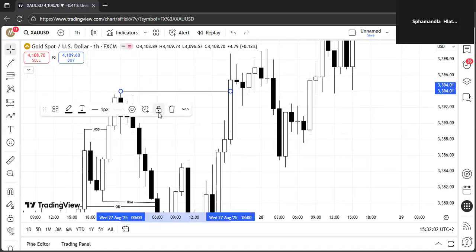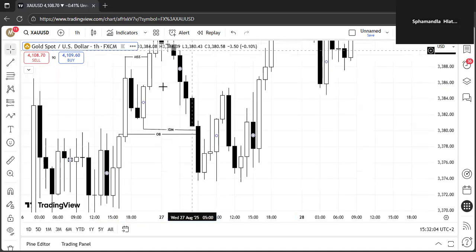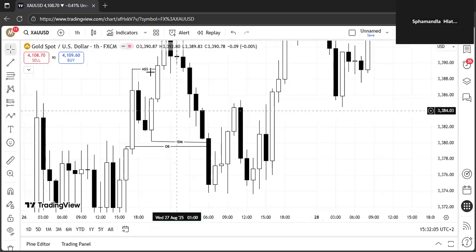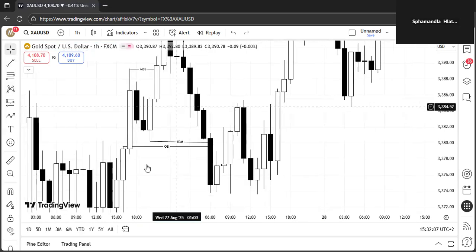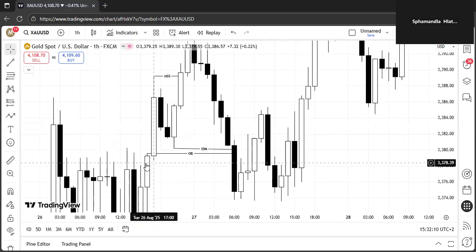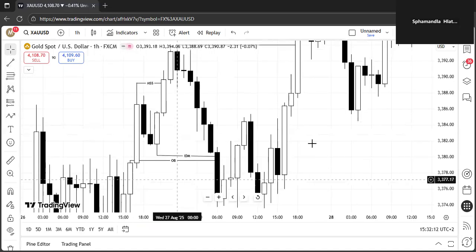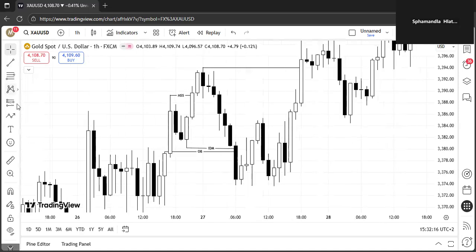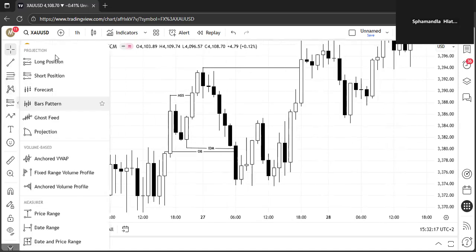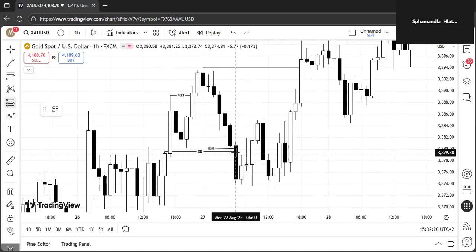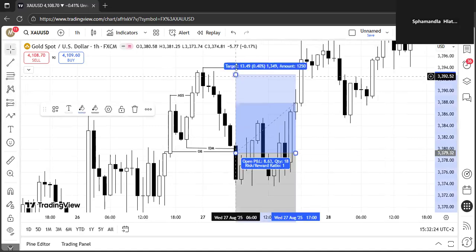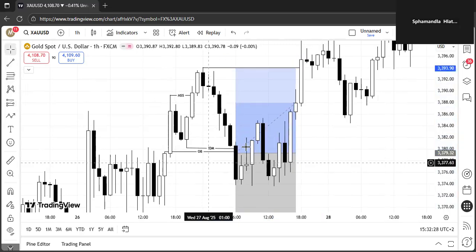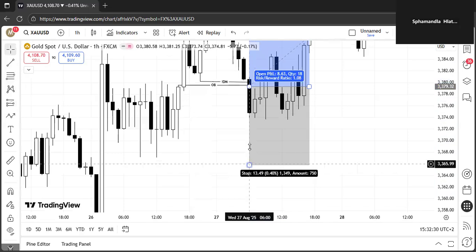So this is our reset point, and then we have a candlestick below the fair value gap acting as our OB, and then we put our stop loss on the lower low. And then let me just mark it out. This is our target, and then this is our stop.